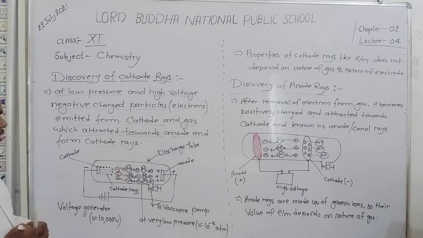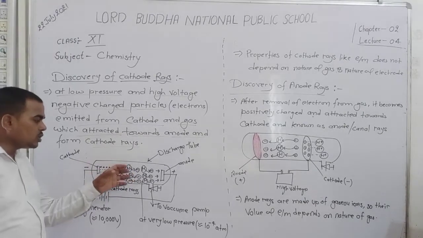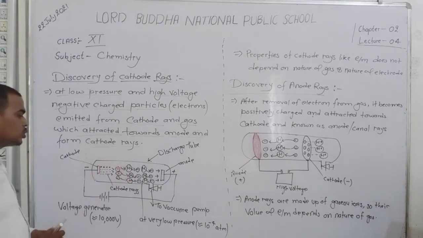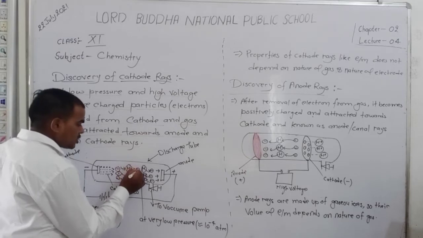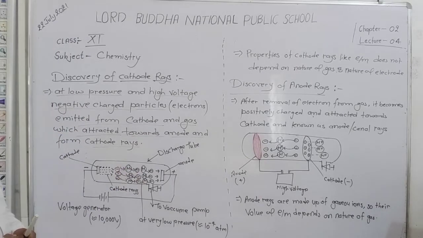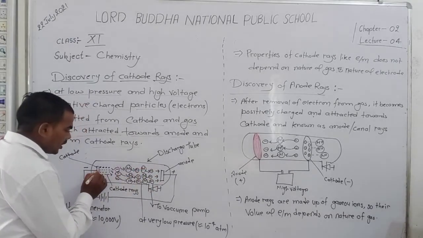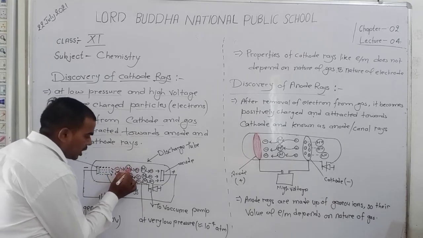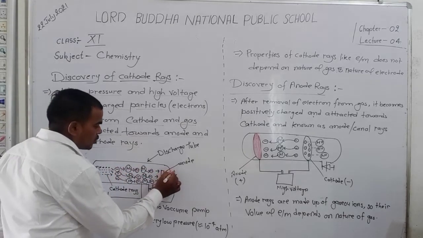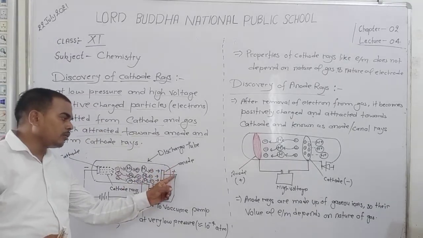When the negative charge particles hit the hydrogen atoms, the hydrogen gas also releases negative charge particles. The negative charge particles generated from the cathode and from the hydrogen gas move towards the anode, which is positively charged.